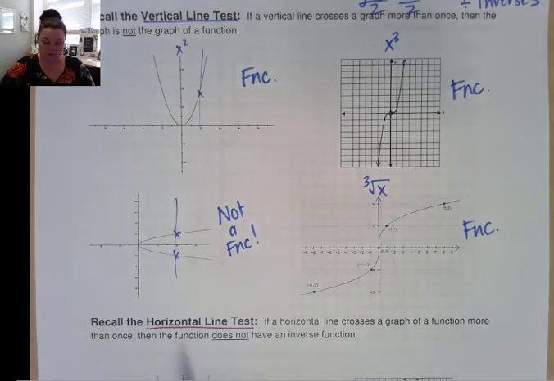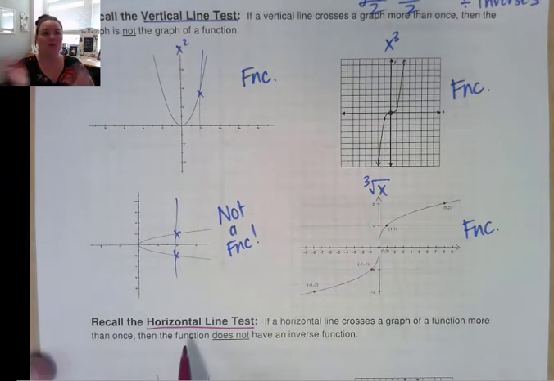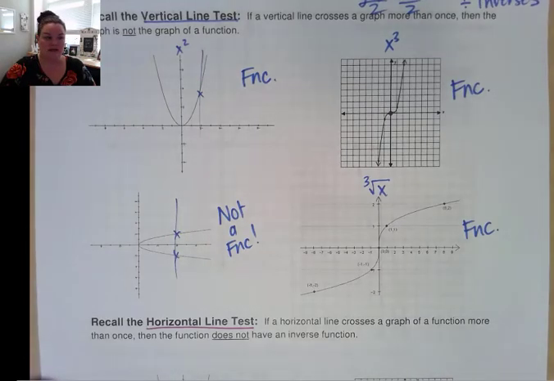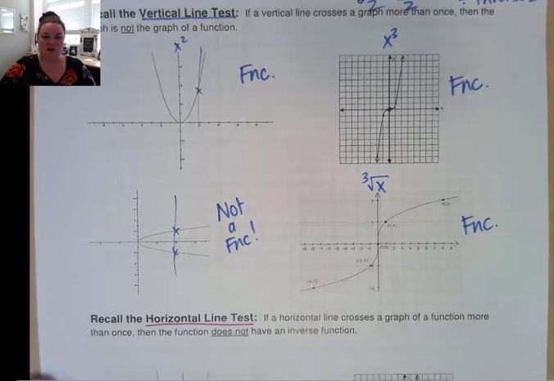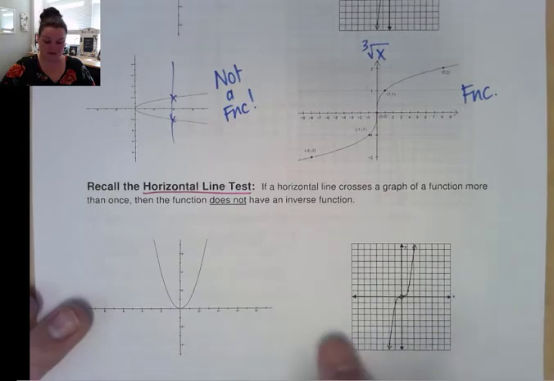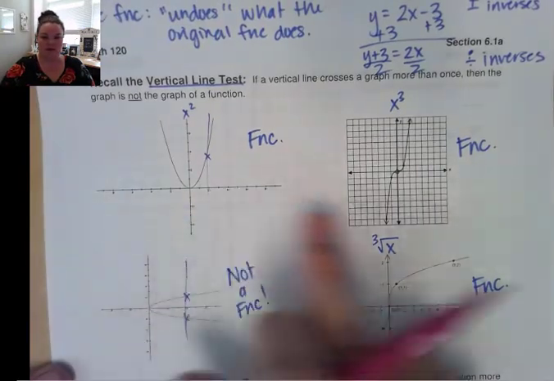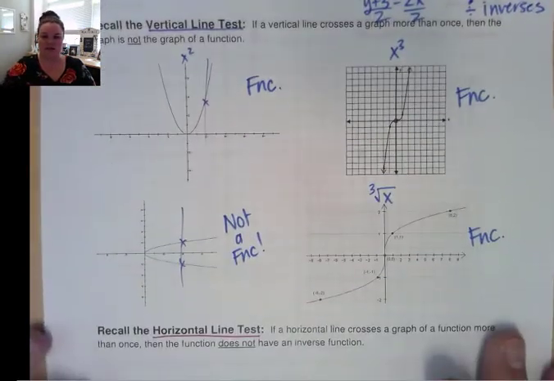So in order for it to have an inverse function, once we swap those variables, then our inverse also has to pass the horizontal or the vertical line test. So a way to check before we do all this swapping is we can just check the horizontal line test, right? So if I check a horizontal line test, and the 2 down here at the bottom are the exact same 2 as the 2 here at the top.